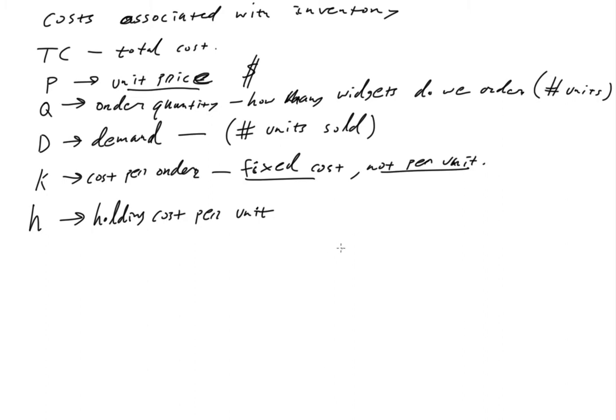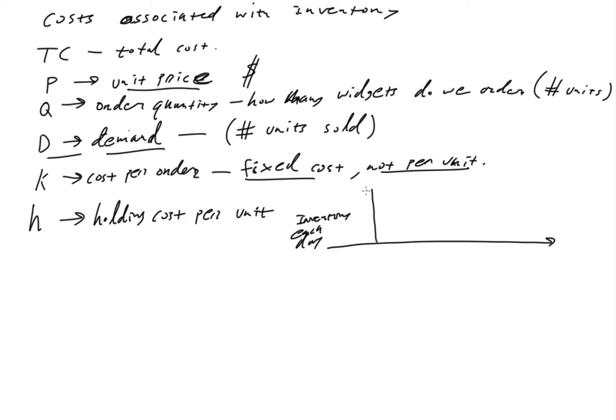Okay, so the scenario we have here is basically over time you're selling stuff. So you know that the demand, basically the amount of orders you get per day or per year, is going to be whatever it is. It's going to be fixed, and this is going to be your inventory each day, and that's going to go like this.